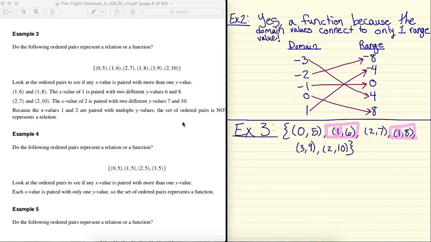What this is telling me is that an x value of 1 is being paired with two different y values. So x value of 1 is being paired or matched with two different y values.